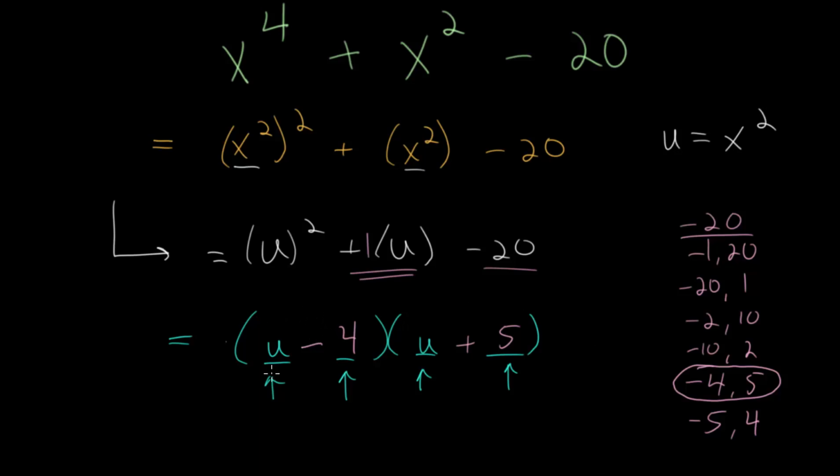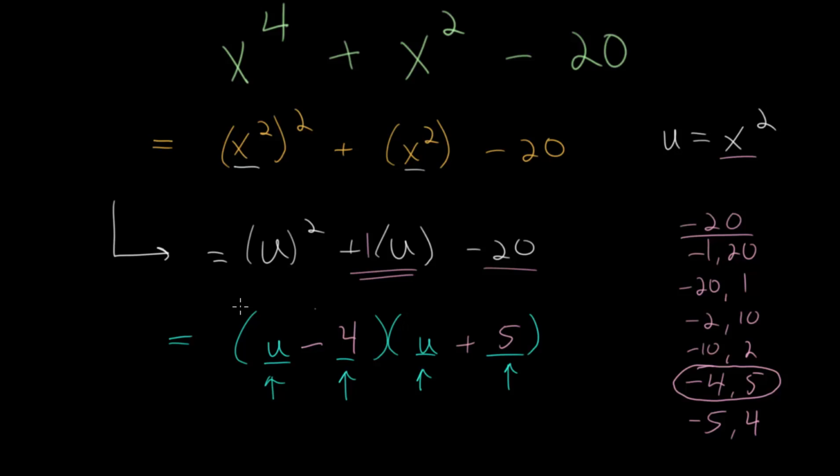And remember, though, that we are factoring in terms of our variable x. So at this point, we need to go back and replace u with x squared, since we want this factorization in terms of x.